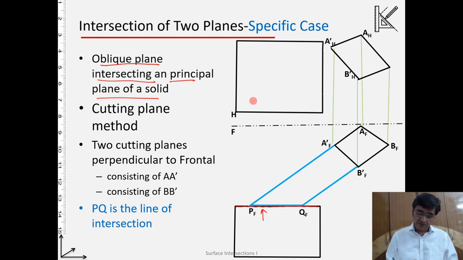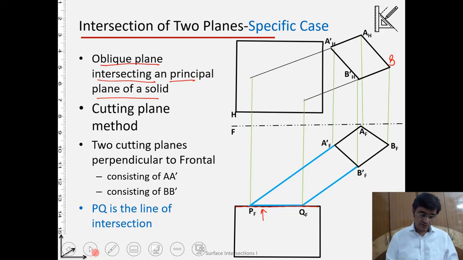So for that I will be taking projectors up. If I take the projectors up and then extend these projections of A dash and B dash, so here the point is B, I will get the corresponding line of intersection.